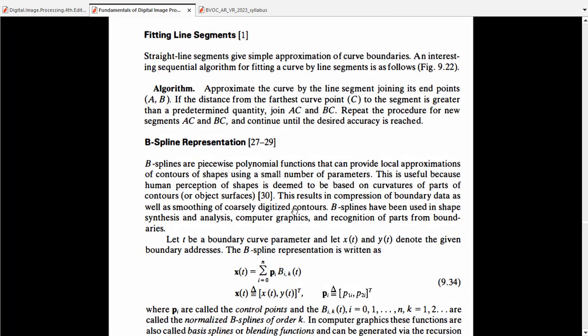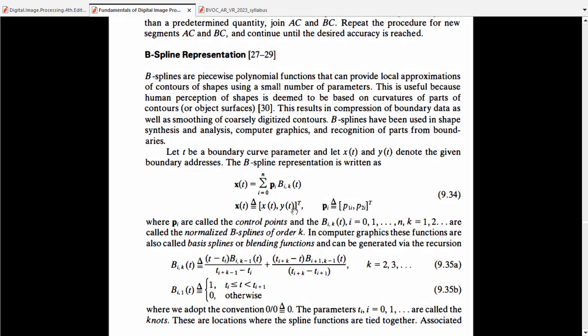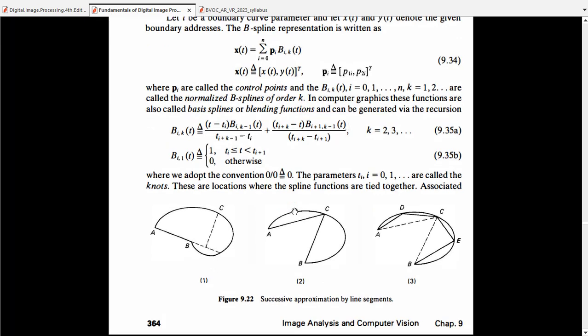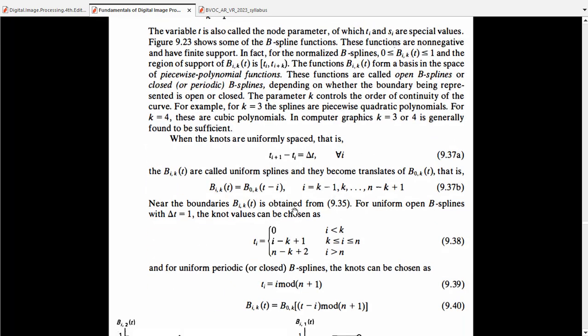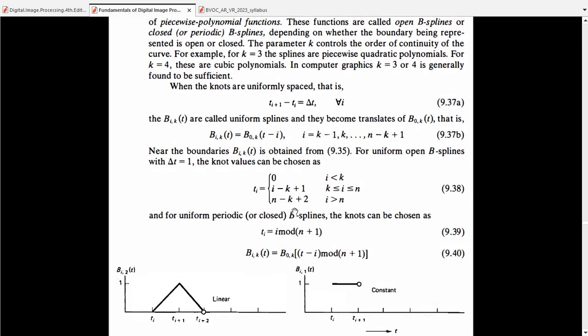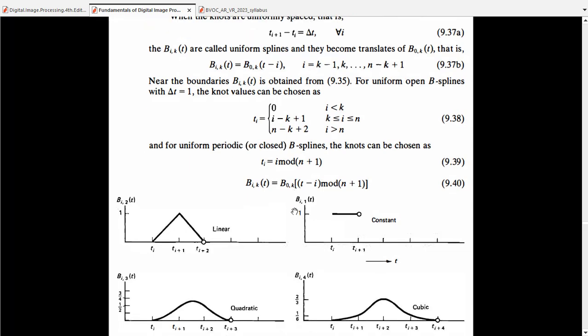So fitting line segments, B-splines representation. Here we say another type of edges will come to say different types of step and roof, and horizontal and vertical, and a combination of so many types of edges will be there.